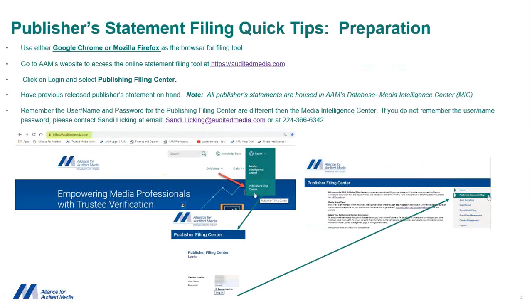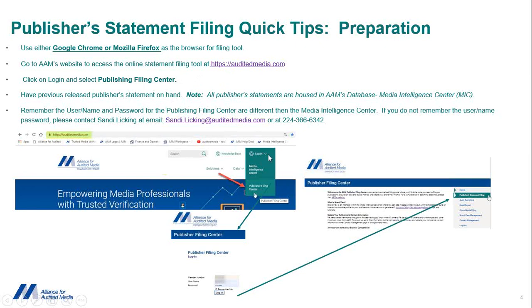Before you get into the filing tool, what we really recommend for the browser is that you use either Google Chrome or Mozilla Firefox. Internet Explorer does not work well for our filing tool, so I highly suggest using Google Chrome or Mozilla Firefox. To get into the filing tool, go into AAM's main website, and there will be a login.